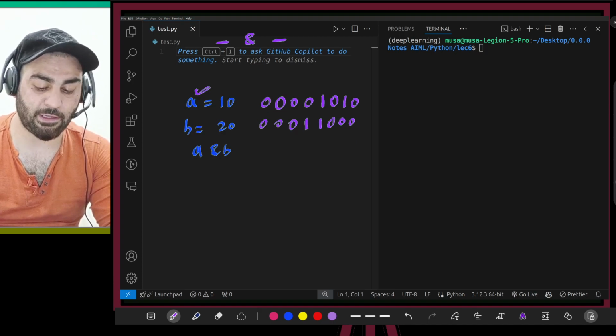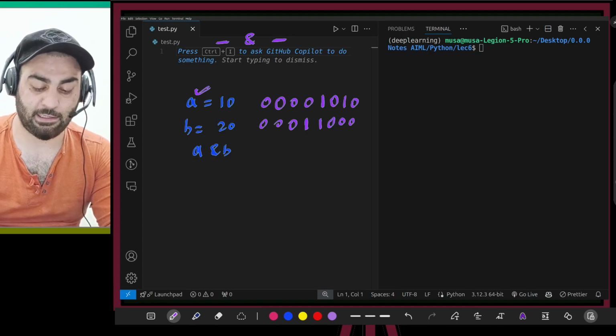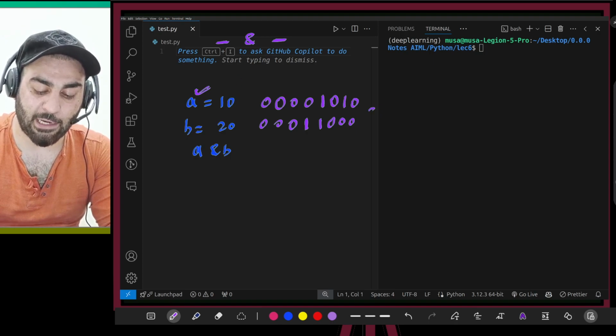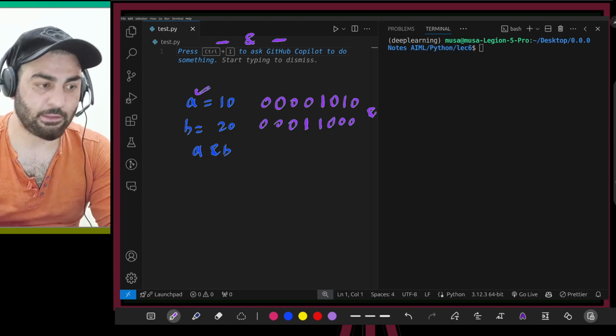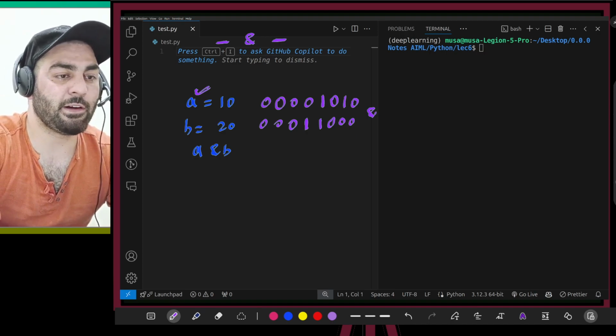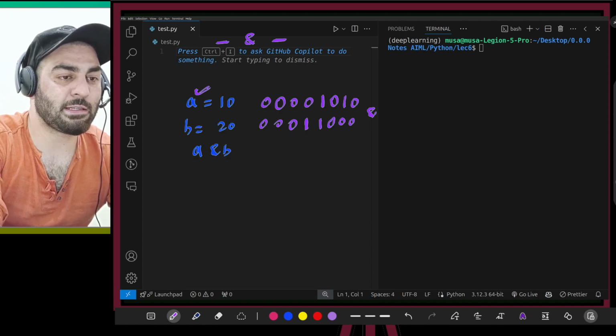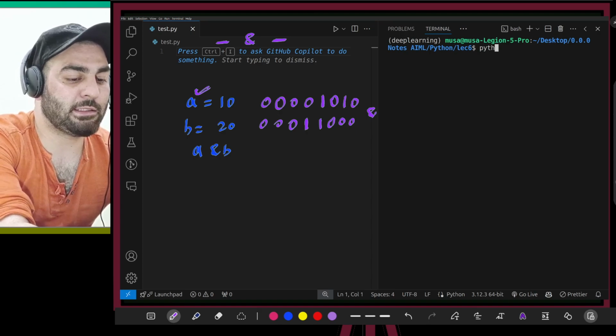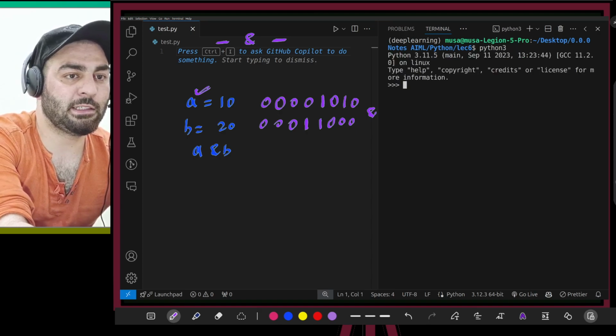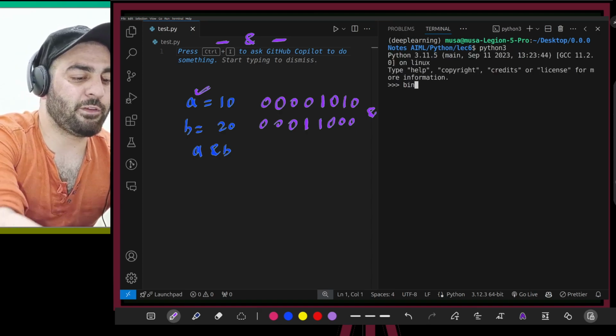Can you just confirm if this is the binary of 10? After that, we perform the AND operation. Let me check the binary of 20, because in Python we have a function for that, bin. So I'll just write Python 3, bin of 20.